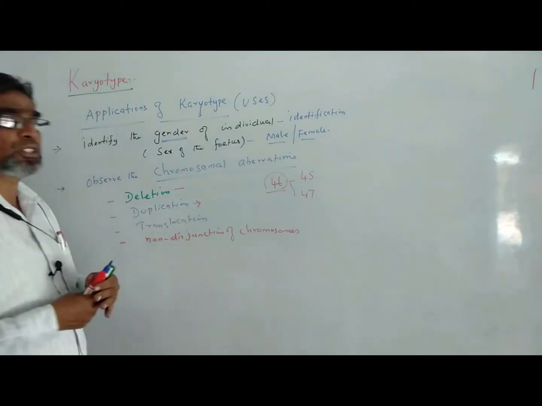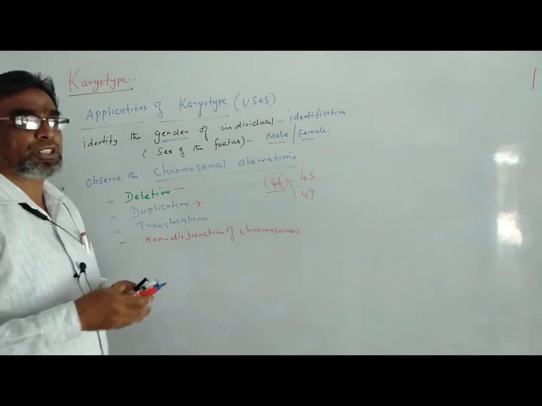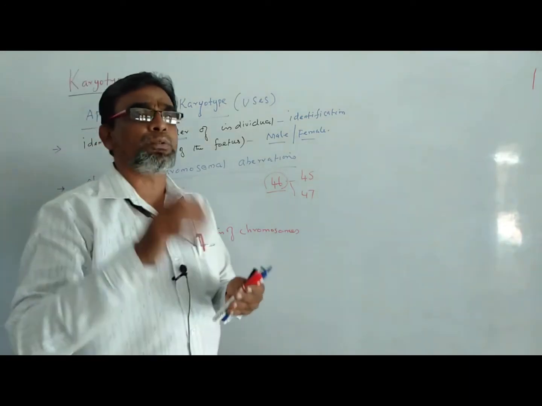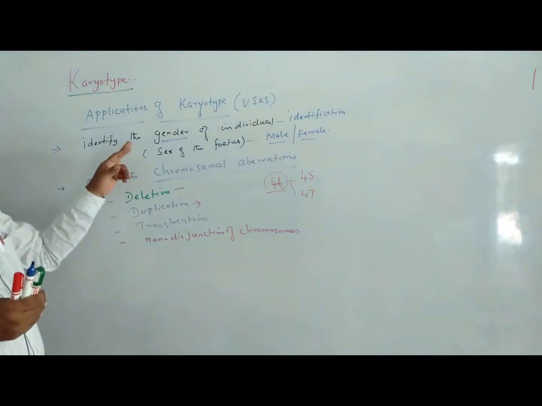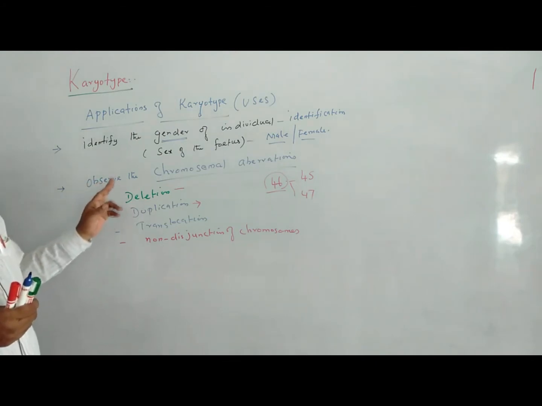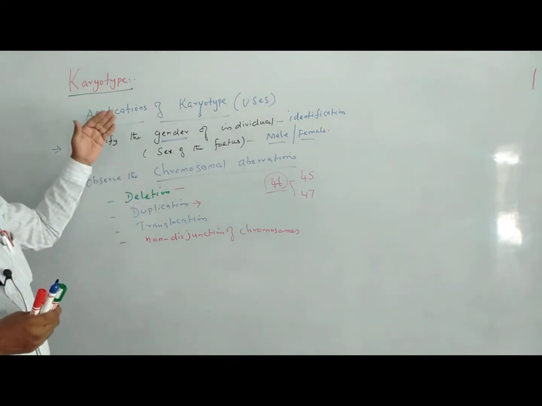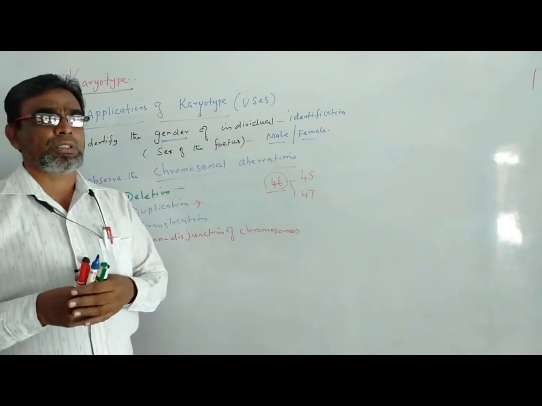That is called translocation. And the last one is non-disjunction of chromosomes, also an abnormality of chromosomes. With the help of karyotype, we can easily identify the gender of an individual. The second thing is, with the help of this karyotype technology, we can diagnose the chromosomal aberrations.